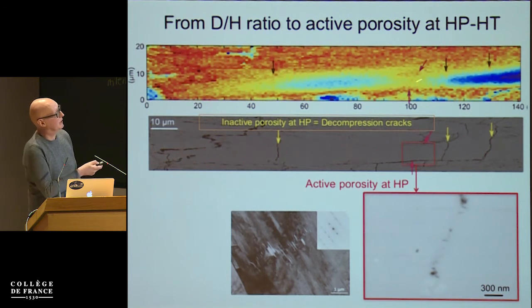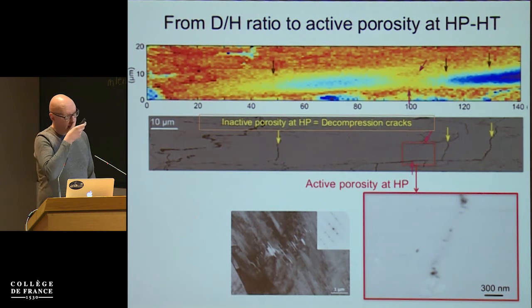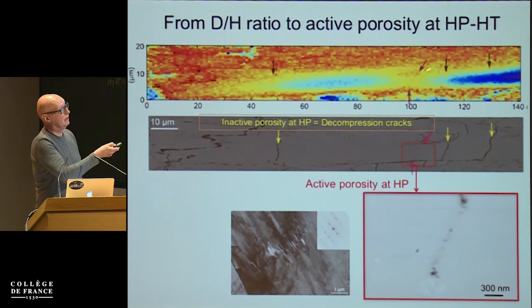On the other hand, here we have a section of the crystal where we don't see much on the SEM image, and here we see that we have a clear separation of two diffusion domains in this crystal. That means there was some kind of porosity that was active, and that fluid could penetrate this interface here and cause a double diffusion on each side.